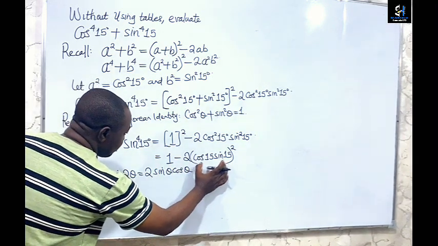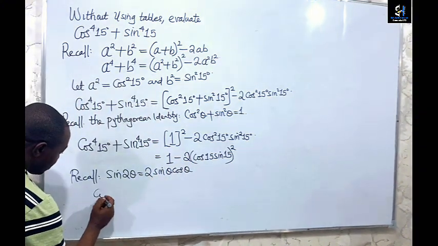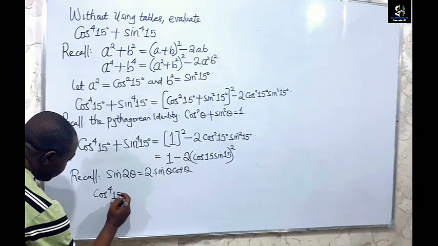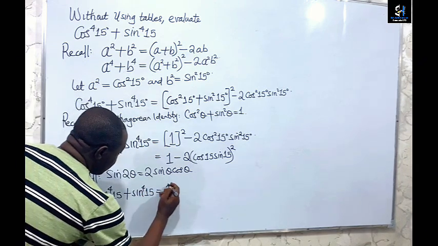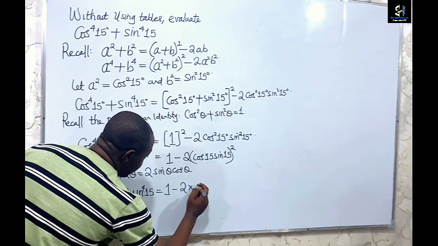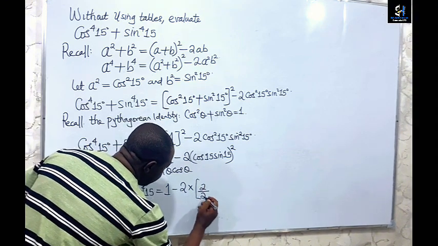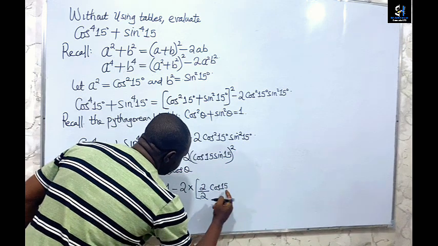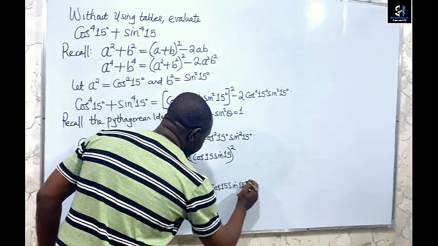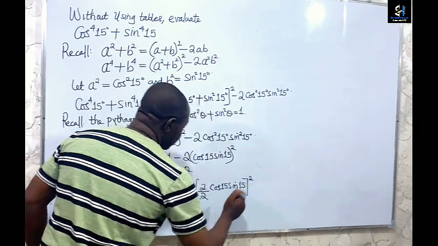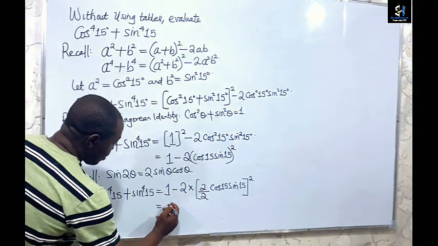So for me to have the product of cos 15 degrees and sine 15 degrees in this form, we can have that cos 15 degrees raised to the power of 4 plus sine 15 degrees raised to the power of 4 will be equal to 1 minus 2 multiplied by, let me use a square bracket, 2 over 2 cos 15 sine 15, then raised to the power of 2.